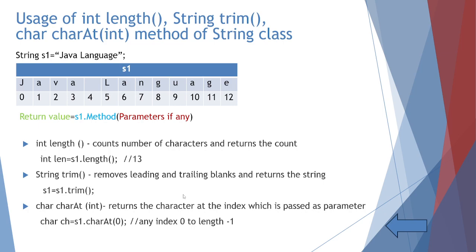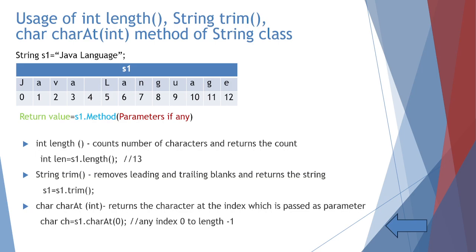Third one is charAt(int). Returns the character at the index which is passed as a parameter. For example, charAt is an instance method, so s1.charAt(0). That means index 0. At index 0, whatever character is there will be returned by the charAt method.